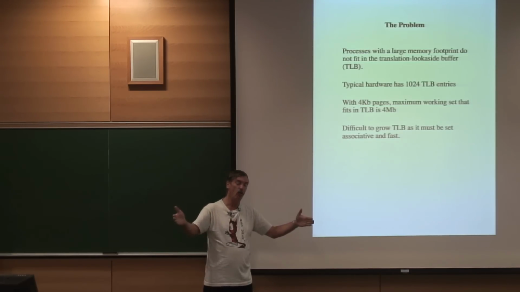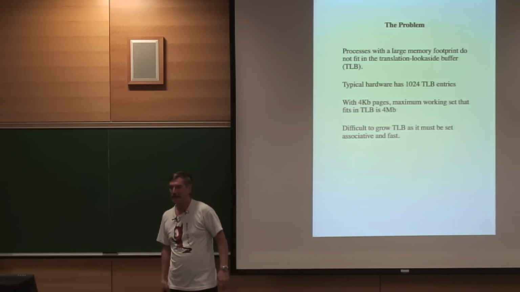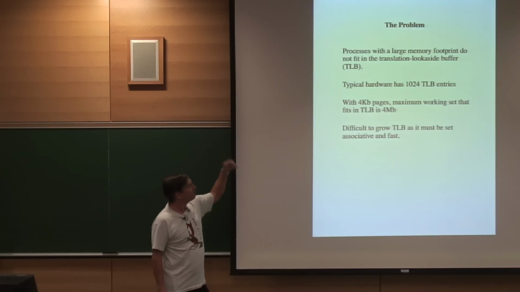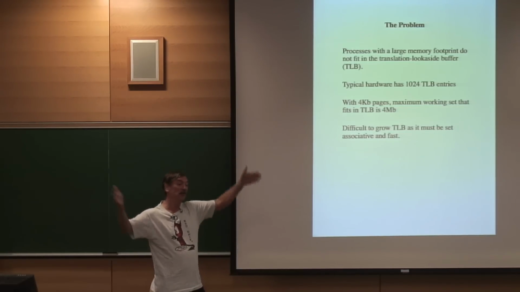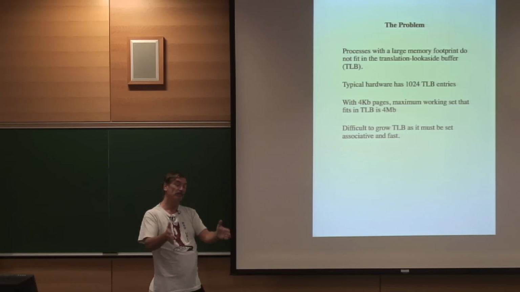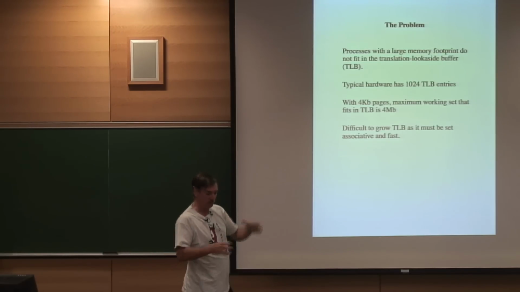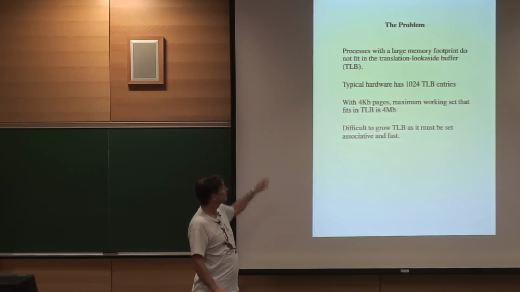How many pages are you actively using at any point in time? As your process gets bigger, your working set isn't as big as your virtual address space. Your working set is some subset of your address space. But nonetheless, the working sets have gotten larger.